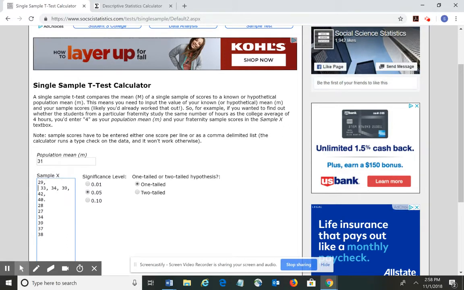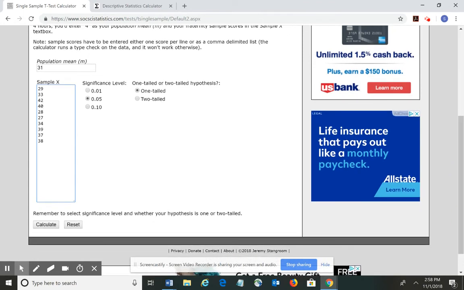You could just retype it. I probably need to get rid of the commas beside each one, otherwise it's probably not going to like me. Okay, so we have 1, 2, 3, 4, 5, 6, 7, 8, 9, 10. We got the 10 values in there. So again, it's probably easier for you just to type them straight out. We put in the population mean, the significance level, and the type of test, and we calculate.